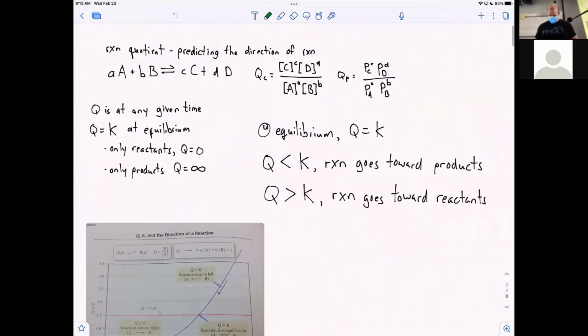As stated, we're going to predict the direction of a reaction. Not everything is always at equilibrium. This is one of the things I hope you can get from chemistry going forward.